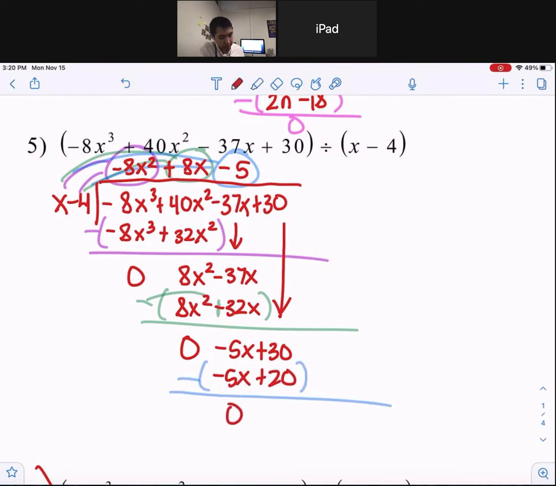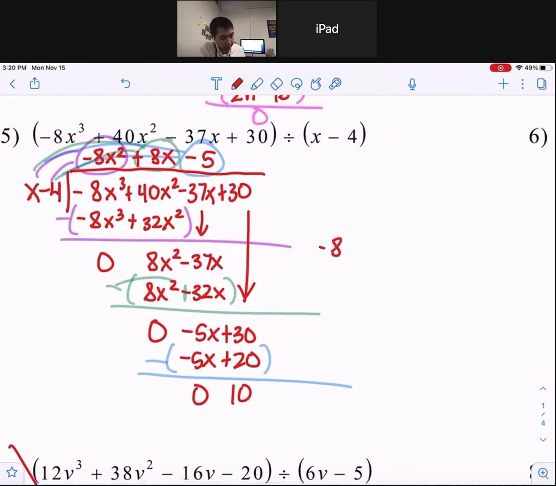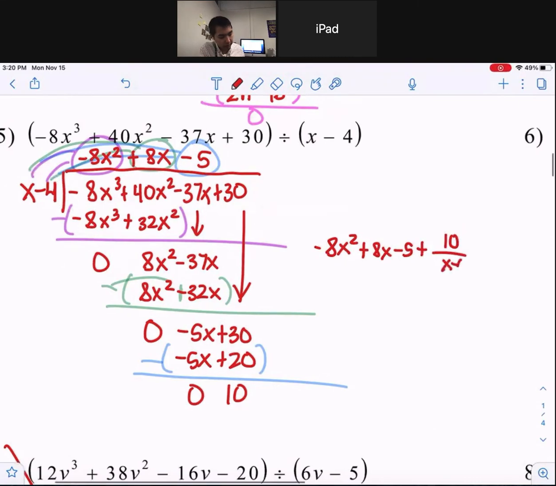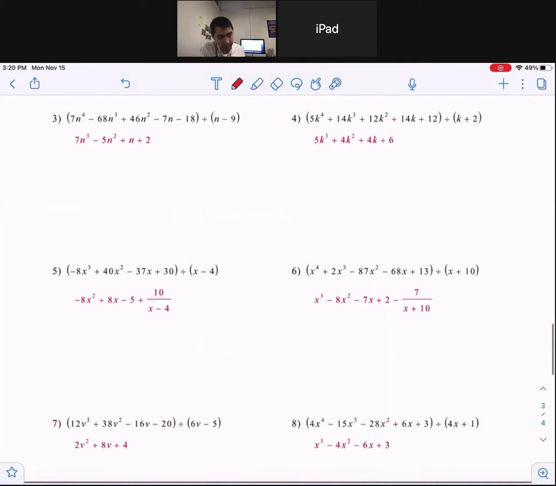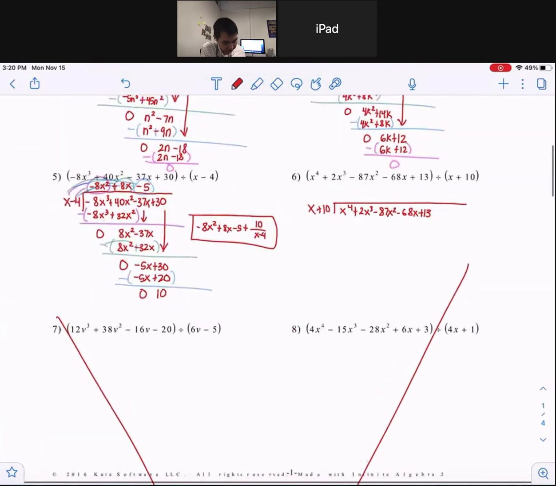This becomes 0. 30 minus 20 is 10. So we have a remainder. So you guys have negative 8x squared plus 8x minus 5 plus 10 over the divisor, which was x minus 4. And I hope that's the answer. And it looks like it is.